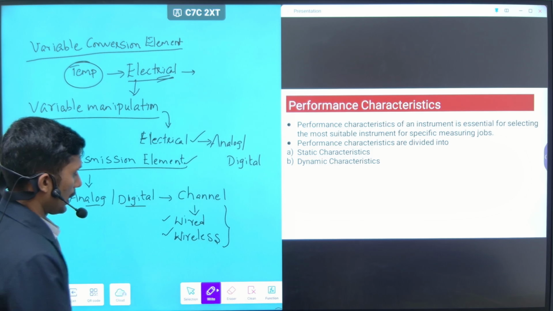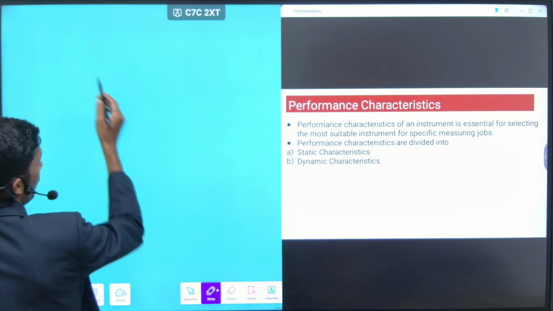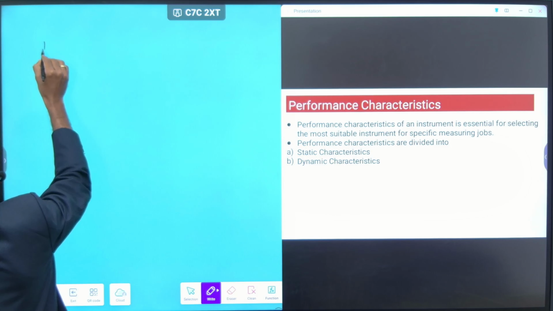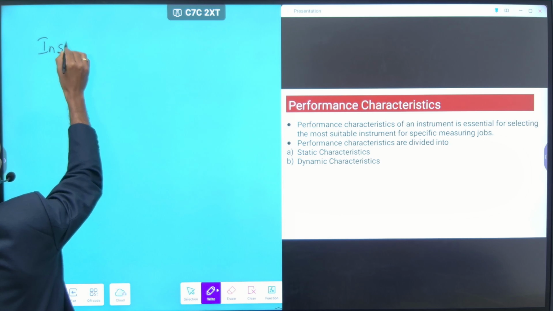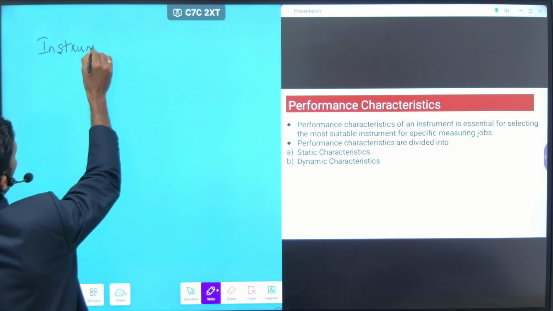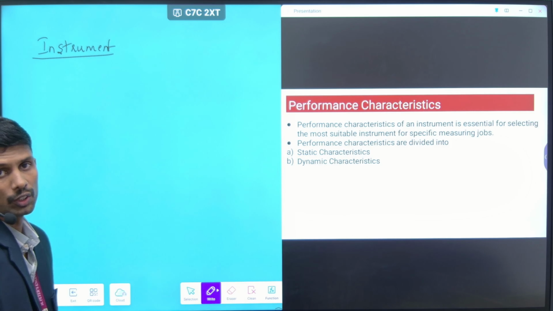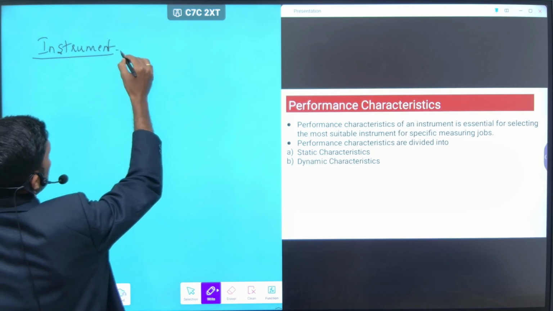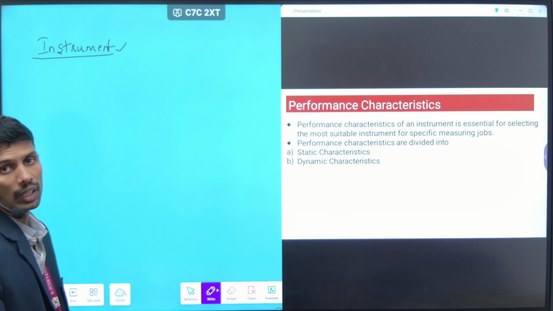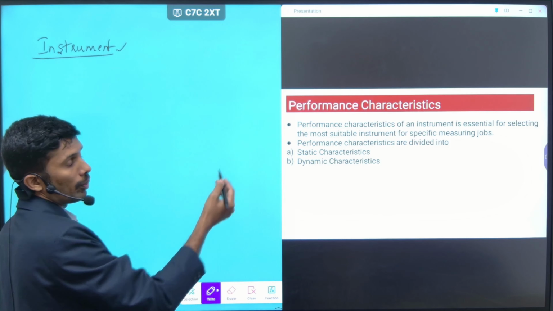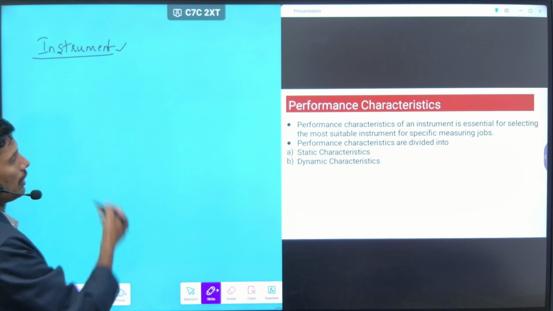So next one is the performance characteristic. For measuring any type of quantity, we can use an instrument. So how can we select the instrument? For selecting the instrument, every instrument has certain characteristics, and based upon the characteristics, we can select the instrument.